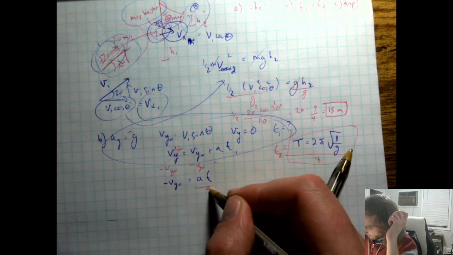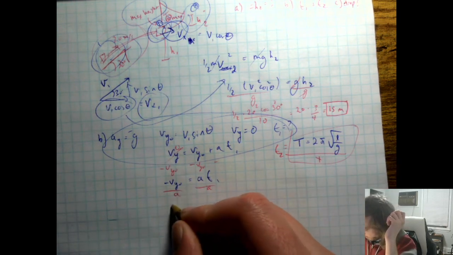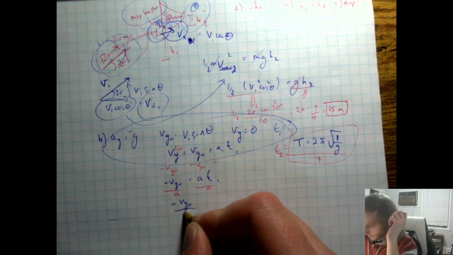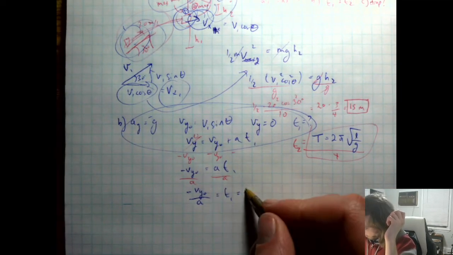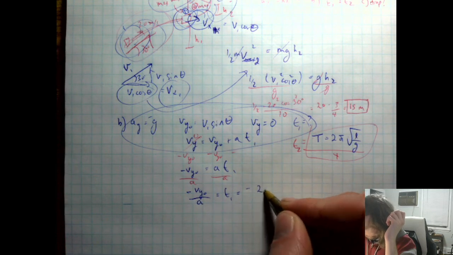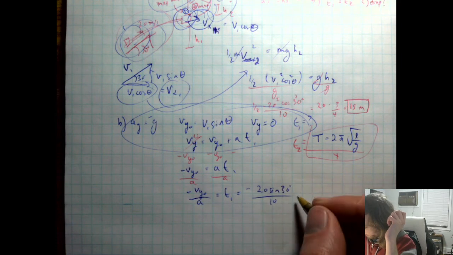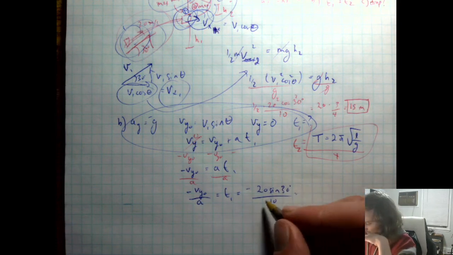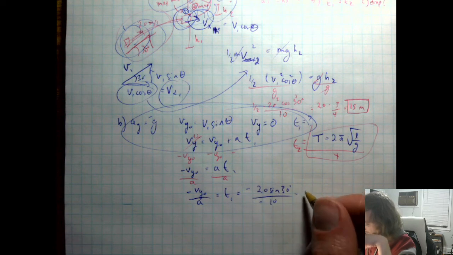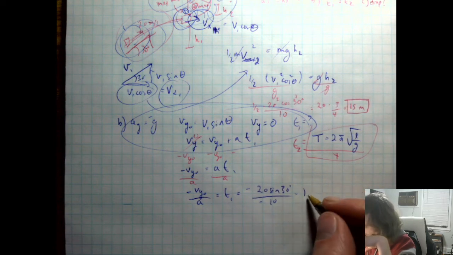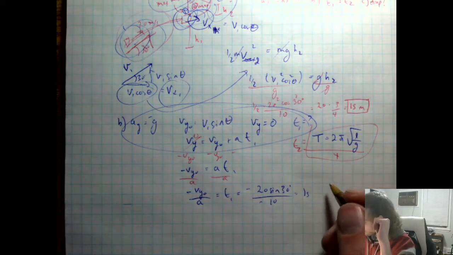Divide by a, and we'll get that negative vy0 over a needs to equal t1, which will be equal to negative 20 sine 30 divided by 10, which is negative 10, sorry, which is 10 over 10, which is 1. So 1 second to get from the middle up to the top.